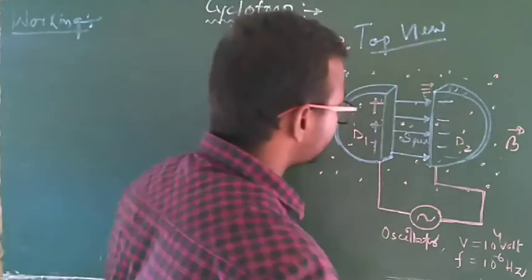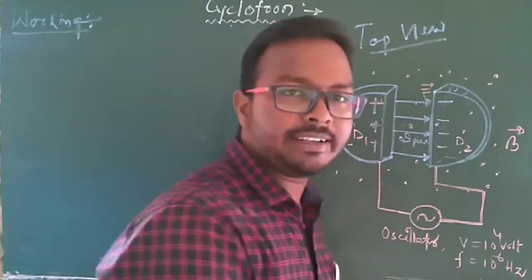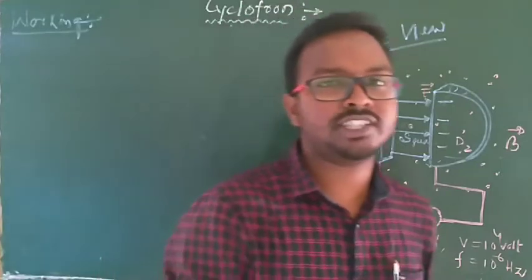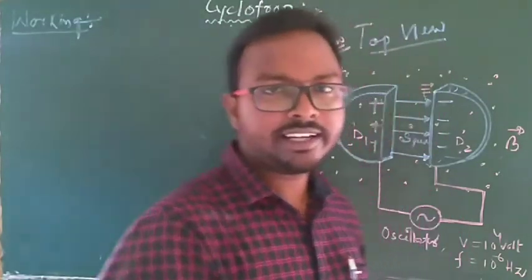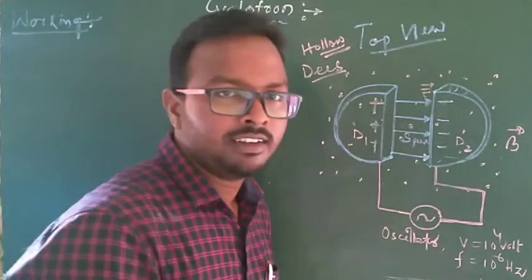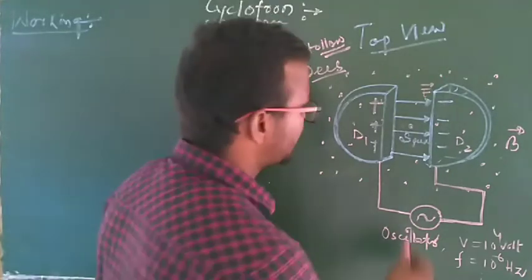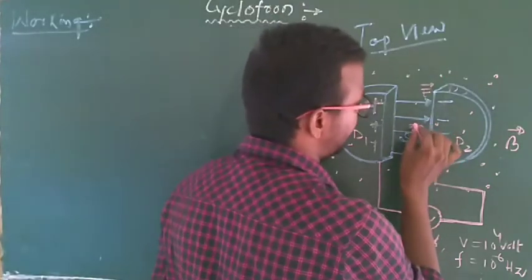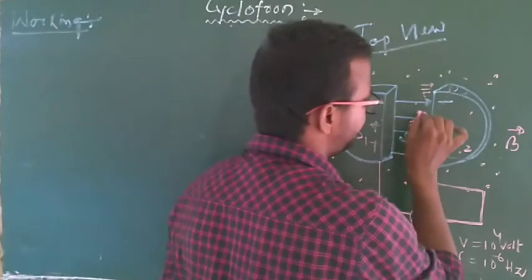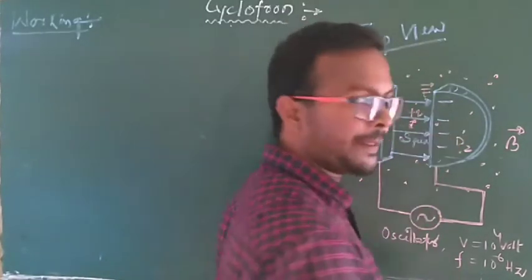Clear? Okay. There is a source which provides charged particles. For a cyclotron, we need a positively charged particle, and that charged particle is provided by a source. Suppose we have a heater, and the heater provides positive ions. Suppose this source provides a positively charged particle, plus q.